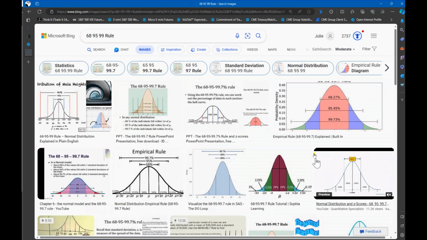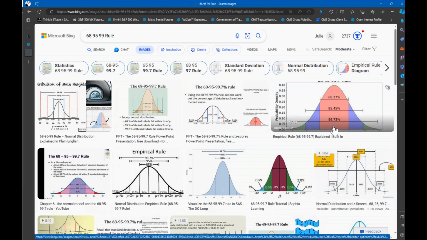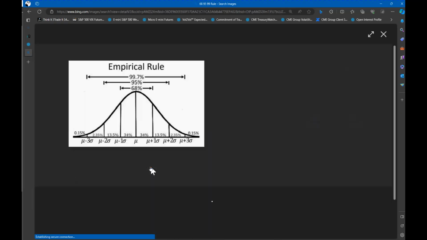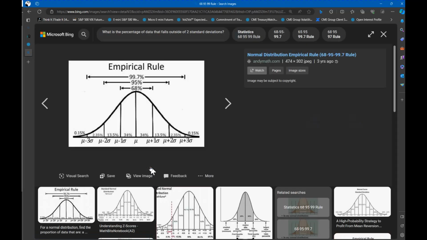There are 68, 95 rules that I adopt in our trading. I can't tell you how we measure our indicator, but it's pretty much based on this empirical rule of the 68 to 95.